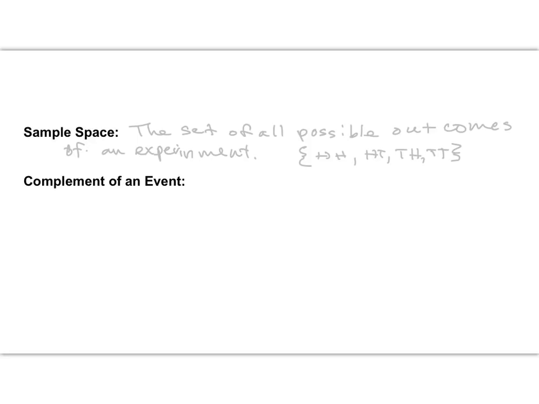Complement of an event, that is everything the event is not. So if I say that C is an event, call it event C, then the complement we write as C naught.